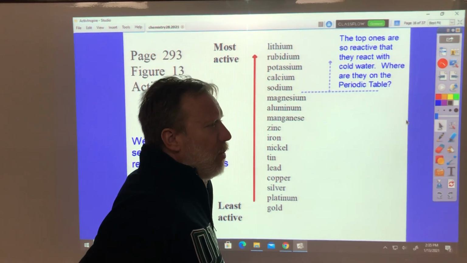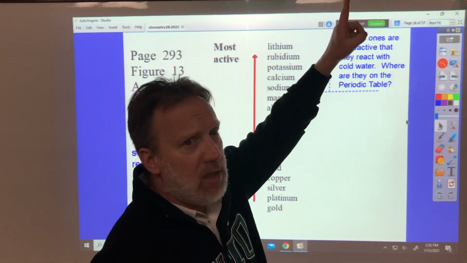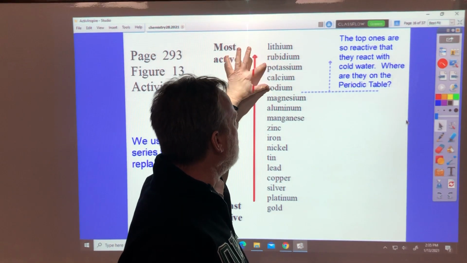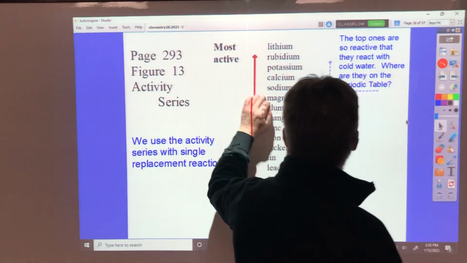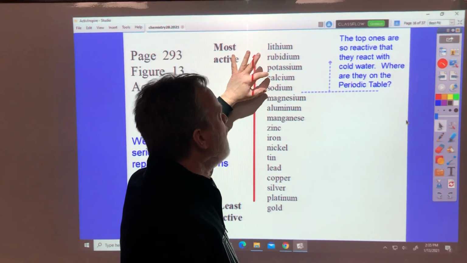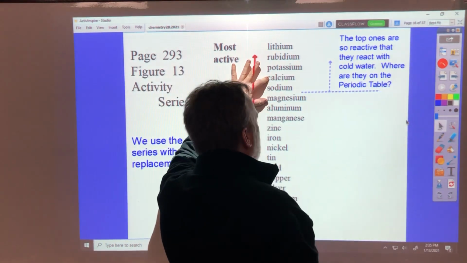But for the ones that are here, notice we're at the left of the periodic table with the alkali metals with lithium, potassium, and sodium. Rubidium is also an alkali metal. So lithium, rubidium, potassium, and sodium are alkali metals. Calcium and magnesium are alkaline earth metals in the second family.